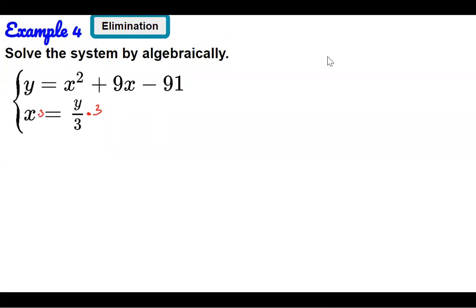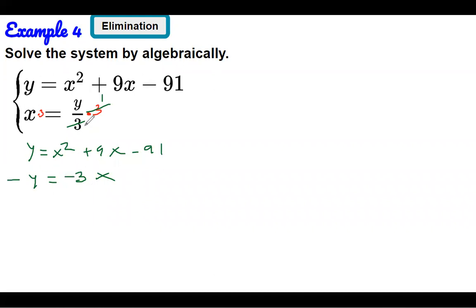So we have y equals x squared plus 9x minus 91. We have y equals, what happens to my 3's? They become 1. So I have y equals 3x. All right, what happens next?